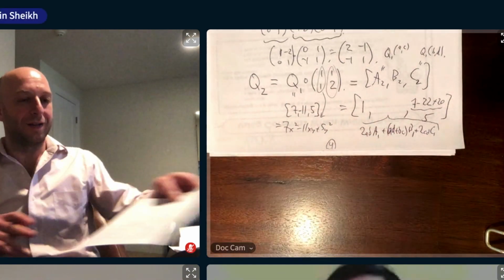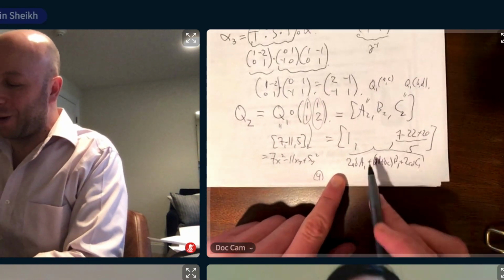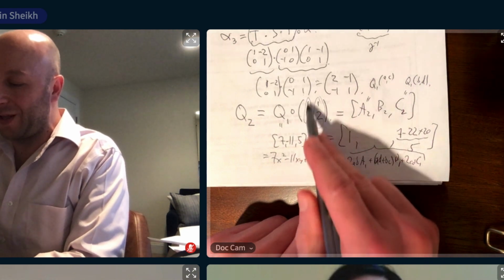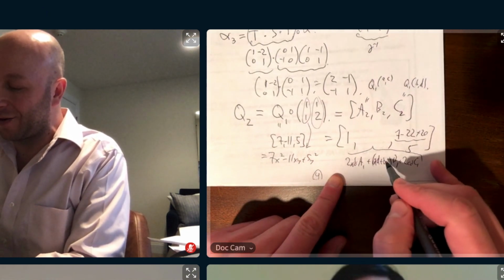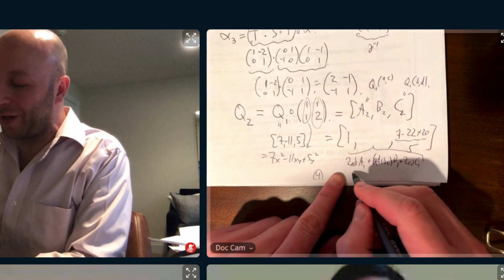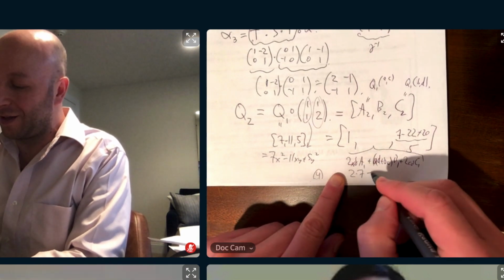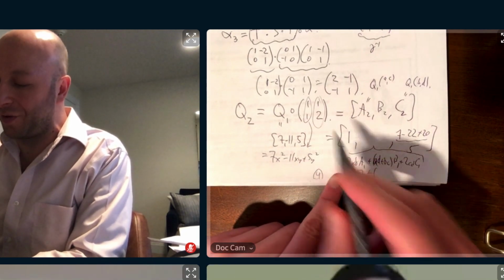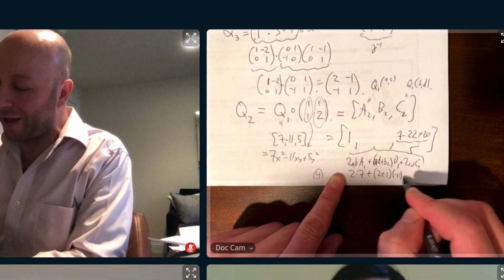That's the B term. And what is it? A and B and C are all 1s, but not D. So this is 2 times A1, which is 7, plus D. D is 2. 2 plus 1, that's 3, times B1, which is negative 11.